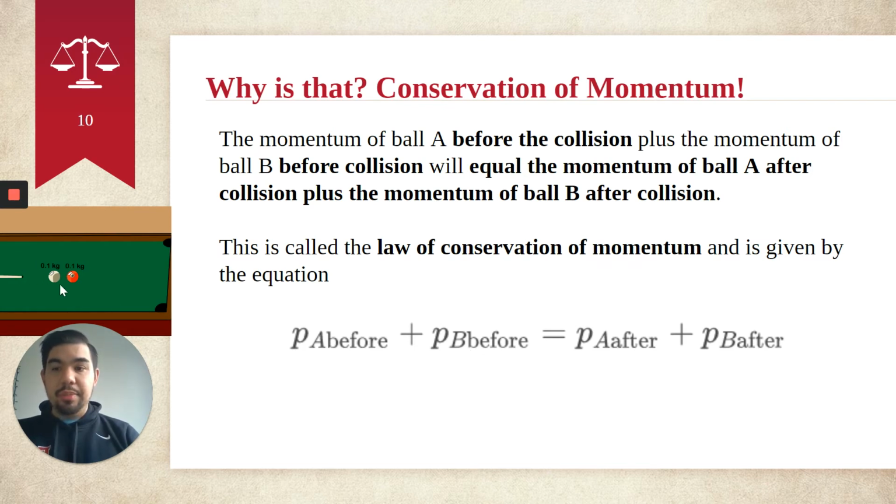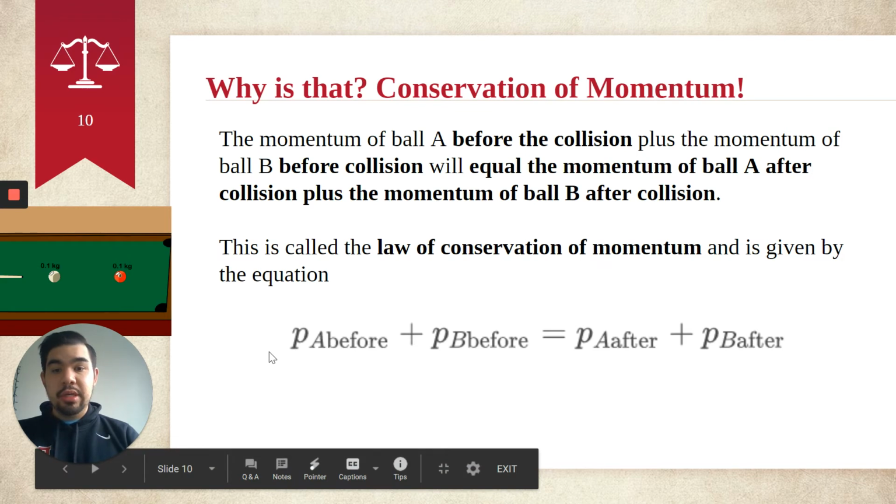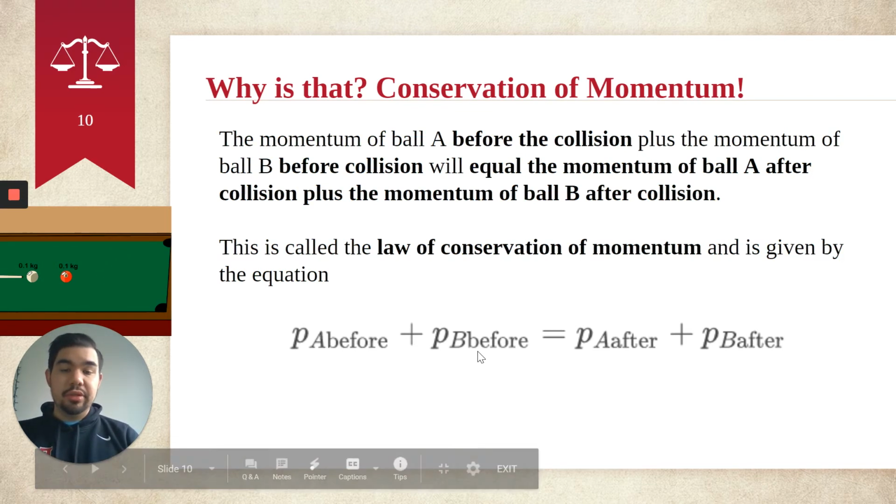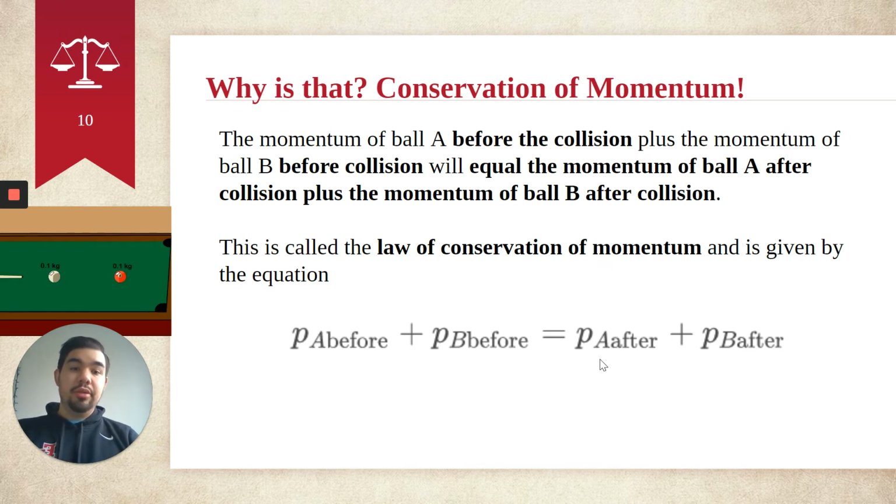After the collision, the white ball is at rest and the red ball is moving. So the total momentum before is the same as the total momentum after. This is called the law of conservation of momentum, and it's given by this equation: momentum of object A before plus momentum of object B before equals the momentum of object A after plus the momentum of object B after.